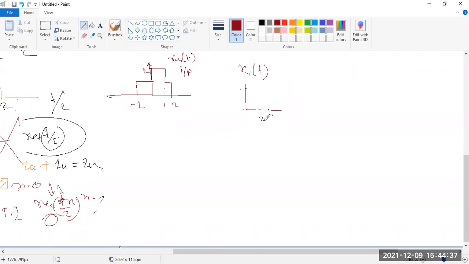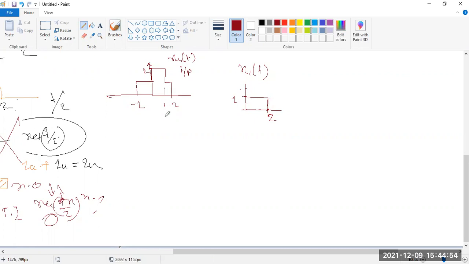This is 2, this is 1. So this is your original input signal first.